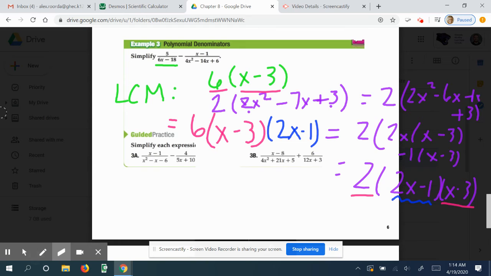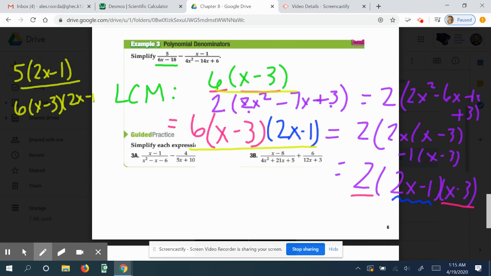So the bottom between this guy right here and here, I have the 2x minus 1. So I'm going to multiply the top. So it's going to be 5 times 2x minus 1, all over my least common multiple, which is 6, and then x minus 3, and 2x minus 1.